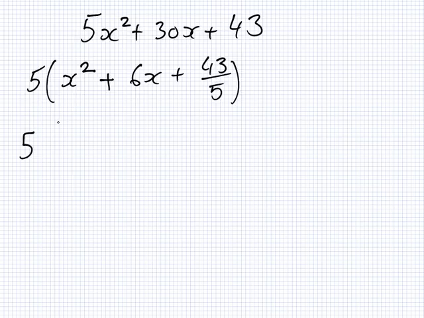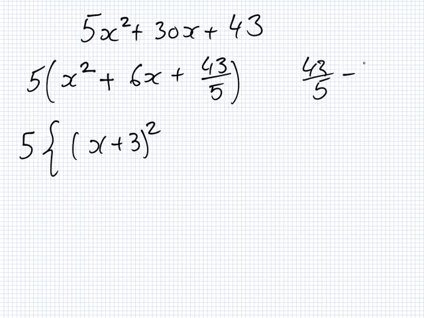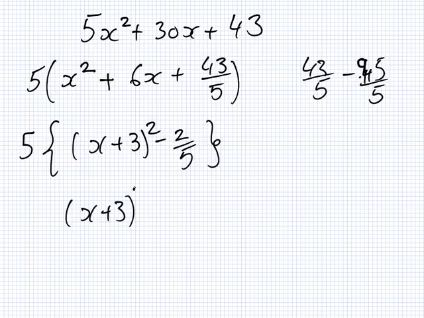So that's 5 times x plus 3 squared, and then it's 43 over 5 minus 9 over 9, so that's 45 over 5. So minus 2 over 5? Yes. So x plus 3 squared minus 2 over 5.